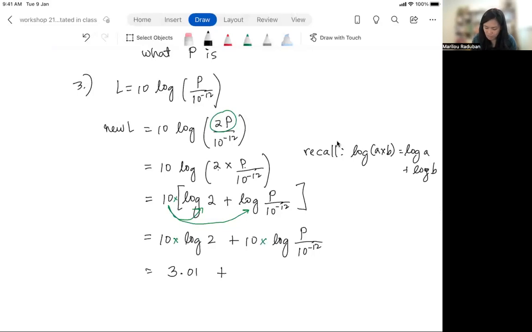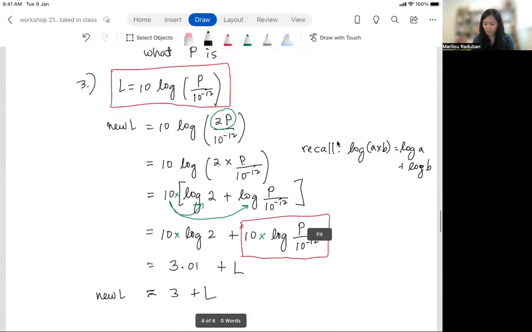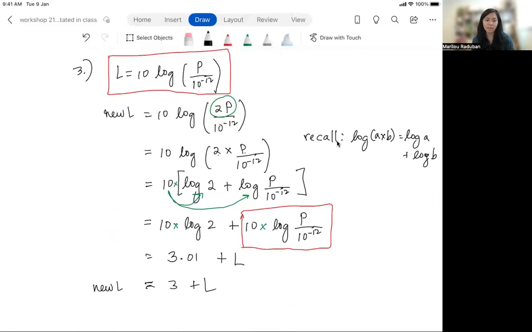Plus, notice how this 10 times log P divided by 10 exponent negative 12 is the same as the equation for original L. So 10 times log P divided by 10 to the negative 12 is equal to L. And that's why new L is equal to about 3 plus L. So that's why, in the table, new L is 3 more than the original L.